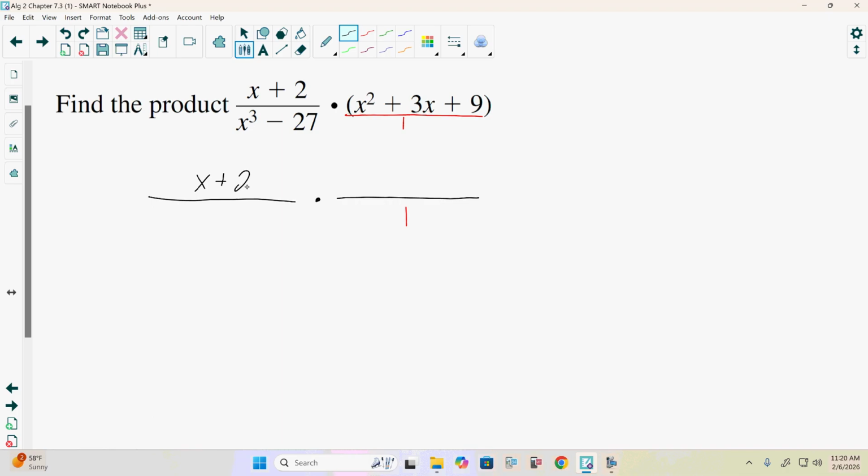Now the x plus 2 on top of our first fraction, degree is 1, no greatest common factor, nothing we can do with that there. Now the denominator, x cubed minus 27. This looks to be our difference of two cubes.